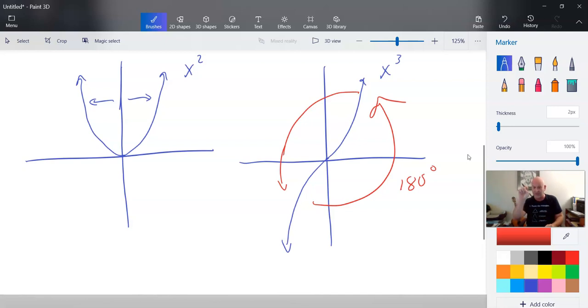The spinning point has to be right there at 0, 0. If that's the case, then you can rotate this thing 180 degrees and get the same function back each time. So that is what original symmetry means, or origin symmetry. I don't think your book calls it original symmetry. They just say origin, but just know some books do call it original. It's not because it's the first.